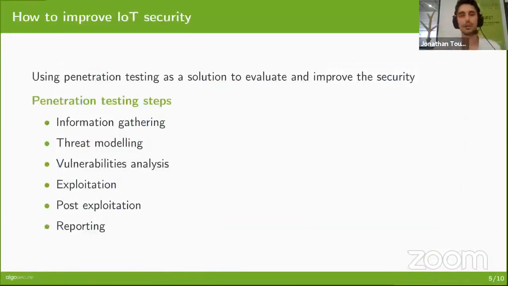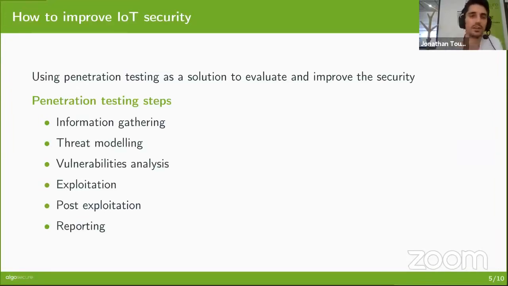So how can we improve IoT security? From my experience as a pen tester, I think that penetration testing is a good way to evaluate or improve the security of networks.